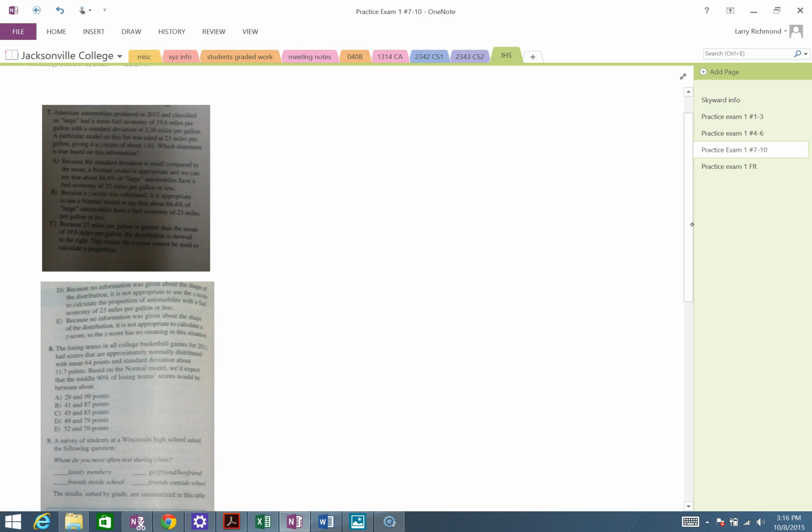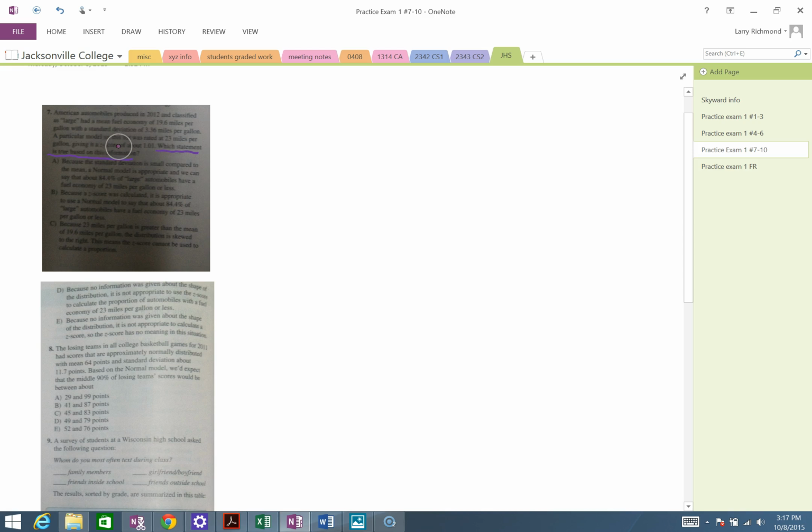Number 7. Get to the question sentence first. Which statement is true? The question says American automobiles produced in 2012 were classified as large. We have a mean of 19.6 and a standard deviation of 3.36.